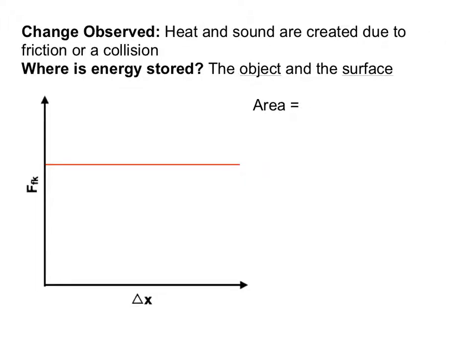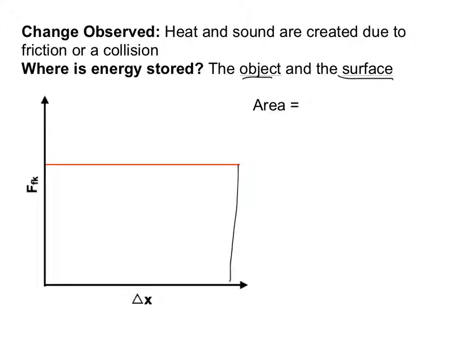All right, so we've got one more to do today, and the change that we're observing is anytime we see heat or sound created due to friction or collision. In this one, we're going to be talking mostly about friction, and the place where this energy is stored is in both the object and the surface.